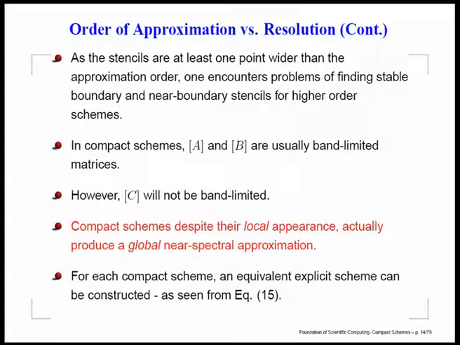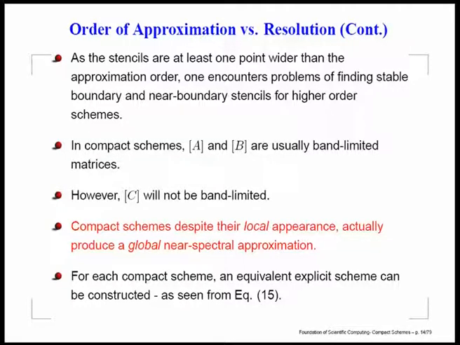So, that makes it local. However, the A inverse B operation makes the C matrix bandwidth rather large. So, that makes it basically a global approximation, and this is what we call the global near spectral approximation.